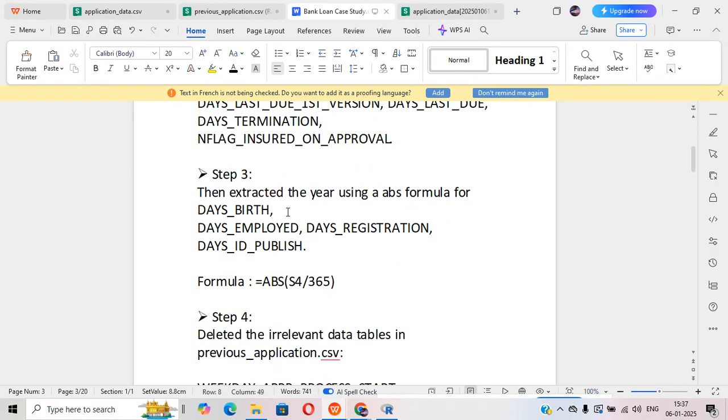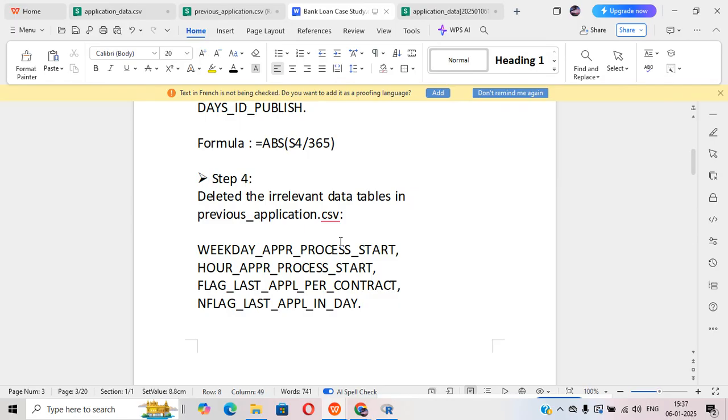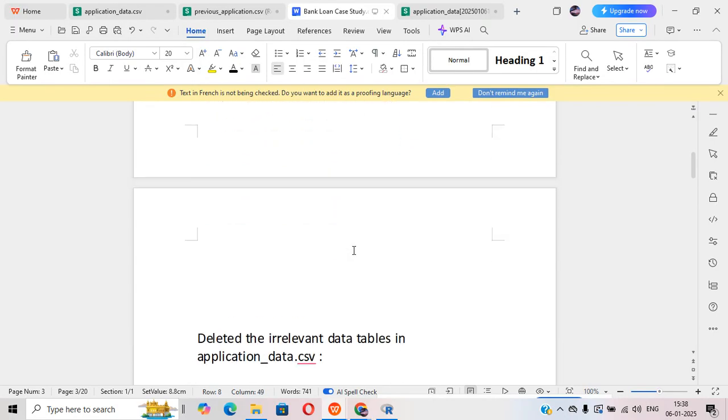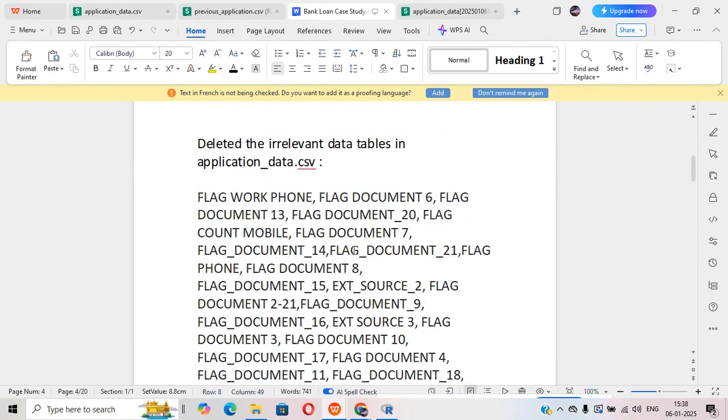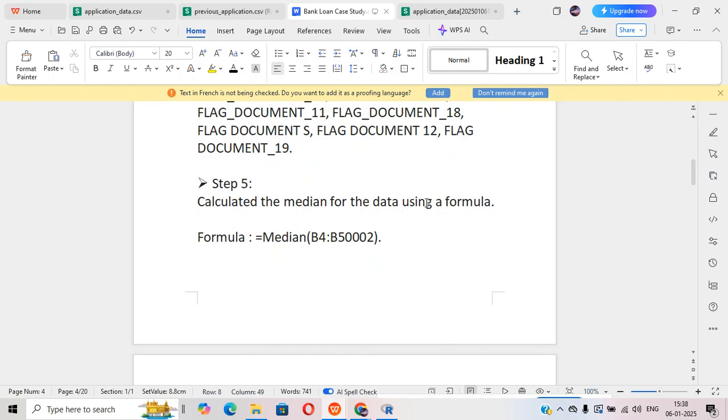The third step is I have extracted the year using the ABS formula for those columns. And the last step is removing some irrelevant data which is not related, for both files. And step 5 is I have calculated the median using the median formula for the data.